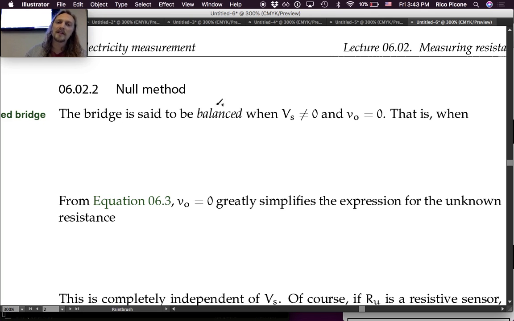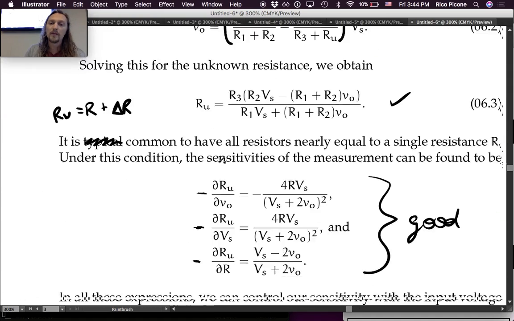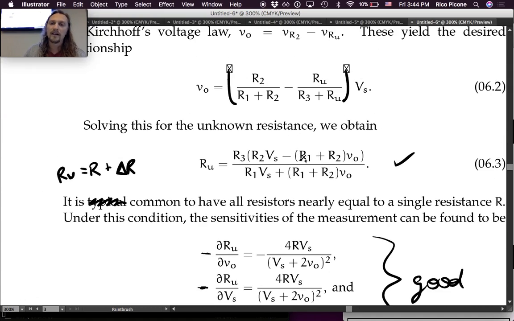The bridge is said to be balanced when the input voltage is not 0. So you put in some non-zero voltage, but your output voltage is 0. From this equation here, if you put in a non-zero Vs, but your output voltage is 0, which is to say these terms are 0.